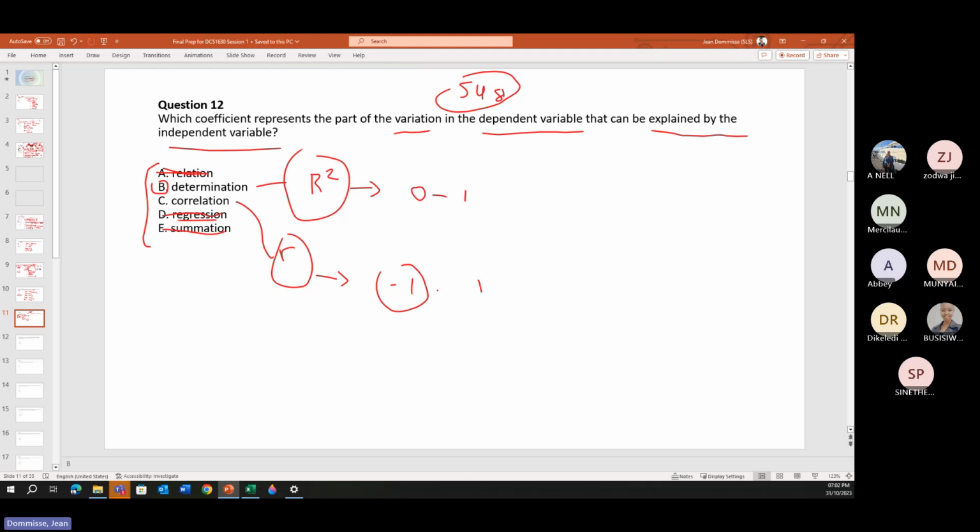A strong positive correlation is closer to +1, but it can take any values between -1 and 1. And if it's 0, it means there is no correlation at all.